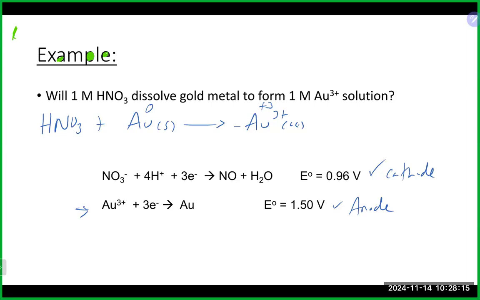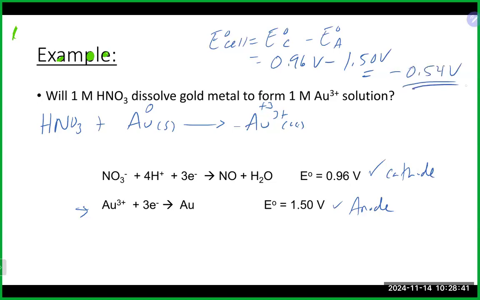So that means we would do our E of the cell, which is E of our cathode minus E of our anode. In this case, 0.96 volts minus 1.5 volts gives negative 0.54 volts. From that negative value for E of the cell, this reaction is non-spontaneous.